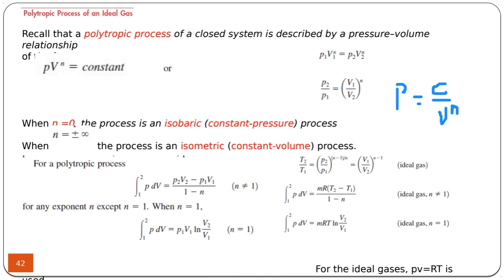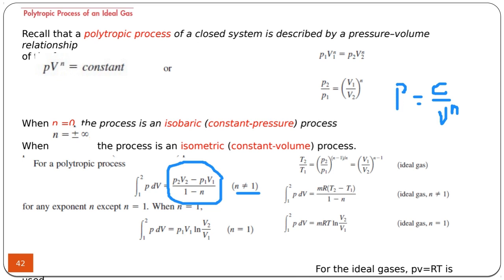polytropic process, and this is valid for n different from 1, because when n is 1, you have 0 at the denominator, which makes it mathematically indefinite. So except for the value of n being 1, this is the work done during the polytropic process.